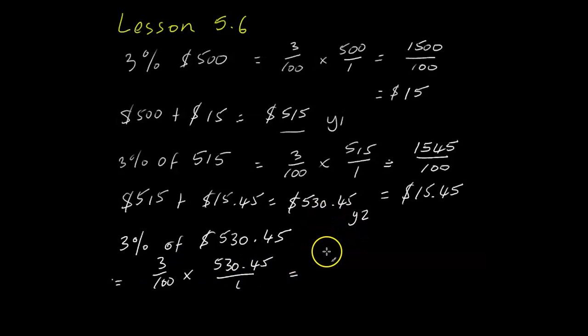That will give us 1591.35 over 100, which equals $15.91.